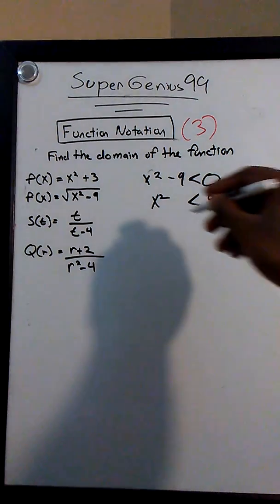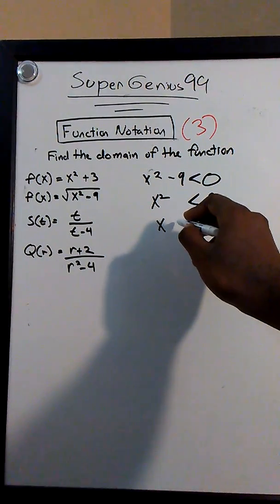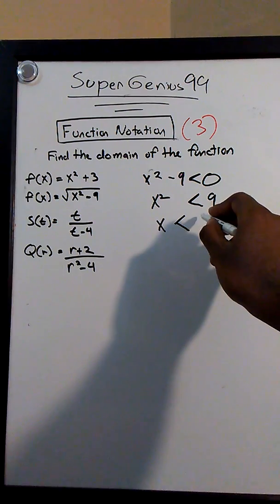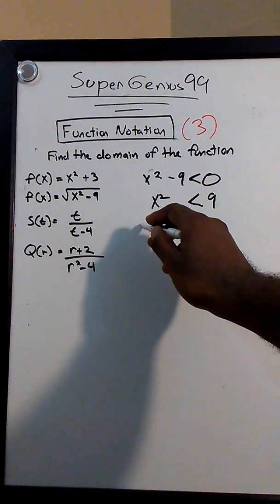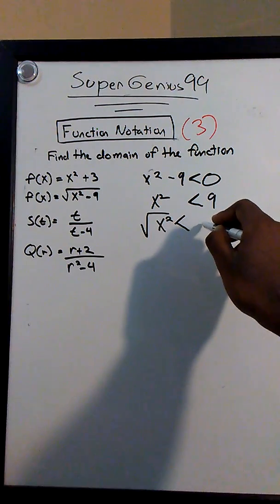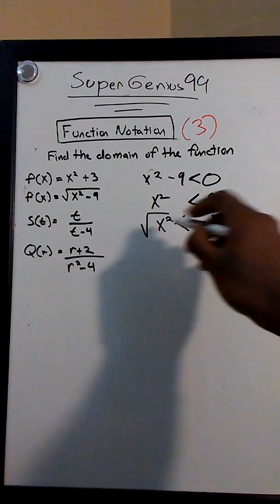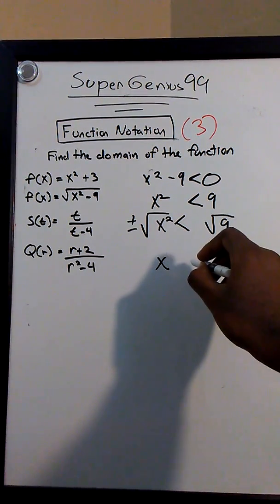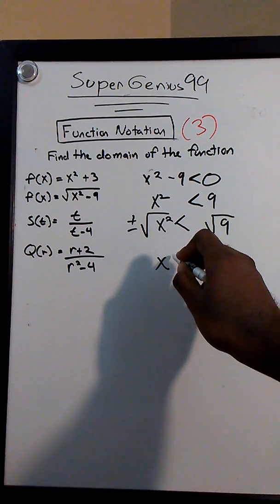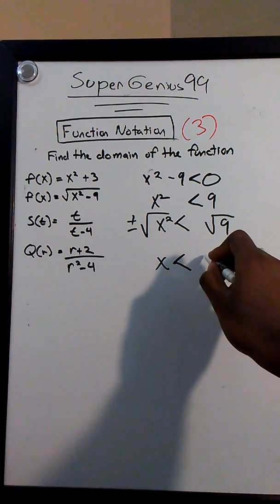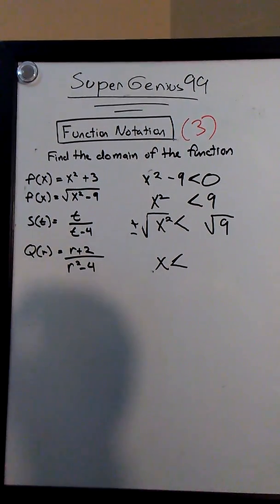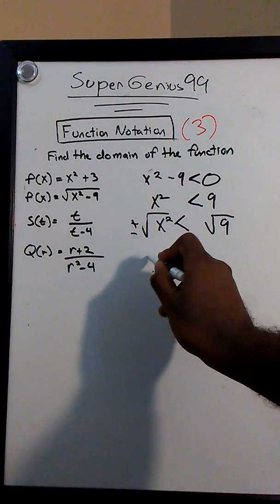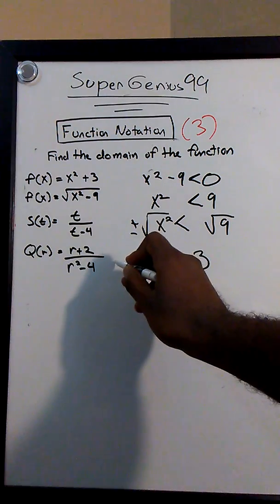And if I square root both sides, because you get that plus and minus, x has to be between negative 3 and 3.